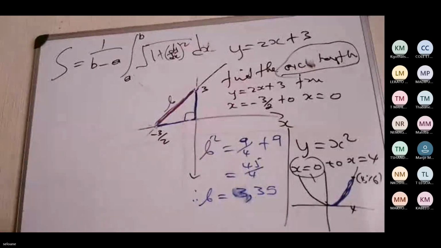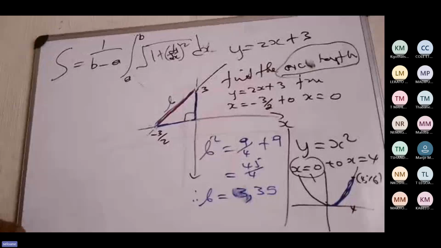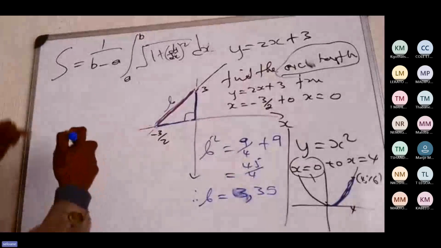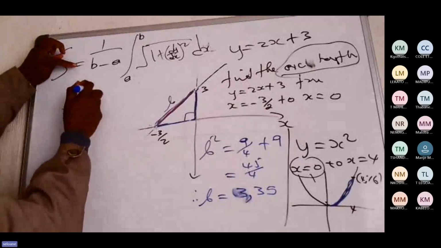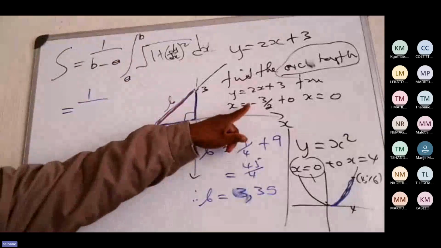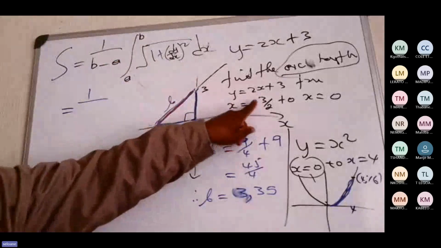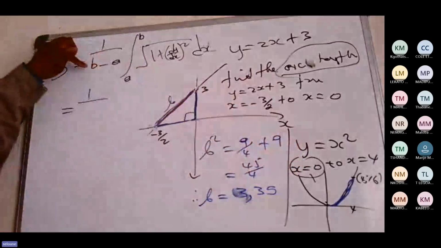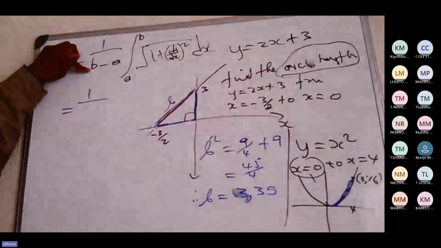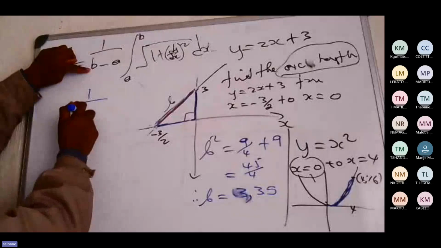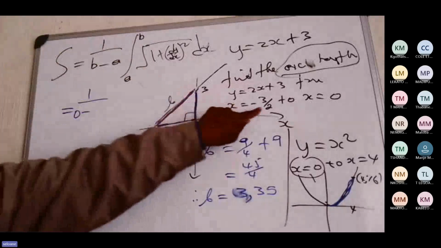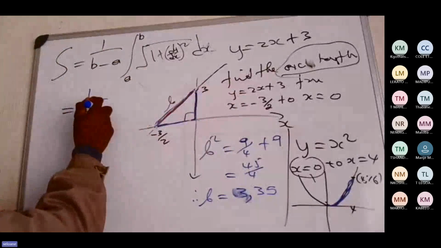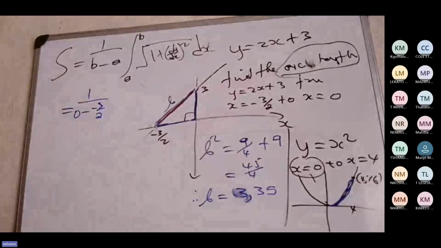Now, what is this? It will be equal to 1 over, they say, from x equal to this up to this. As we have said, b is the upper limit, meaning it will now be 0, minus a, the lower limit, which is minus 3 over 2, so just 3 over 2.